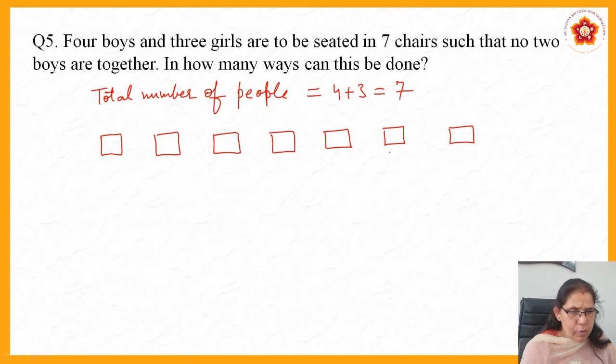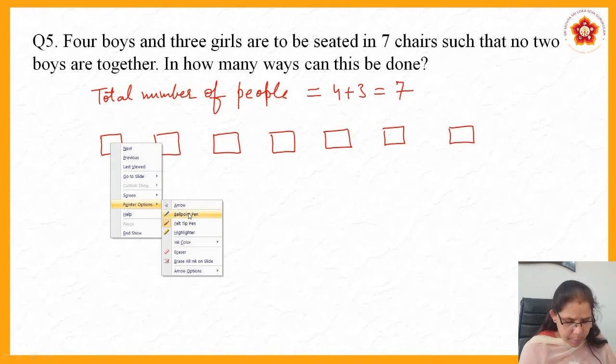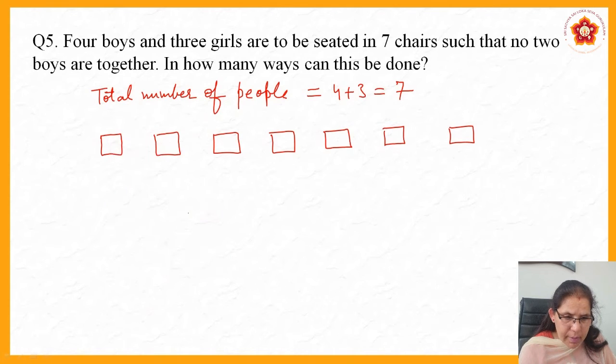One, 2, 3, 4, 5, 6, 7. We have got 7 chairs and we have got 4 boys. So let me mark the position of the boys. Boys here.